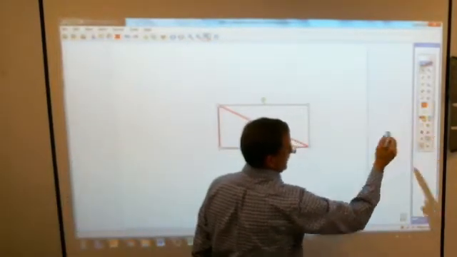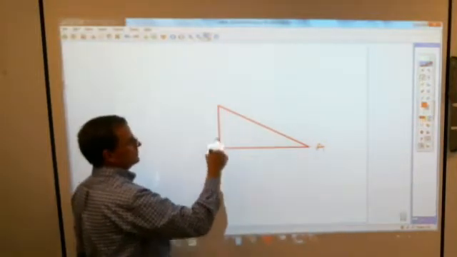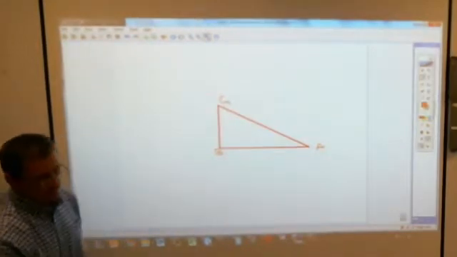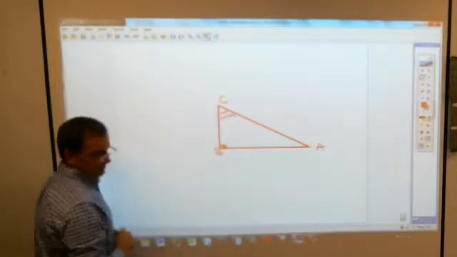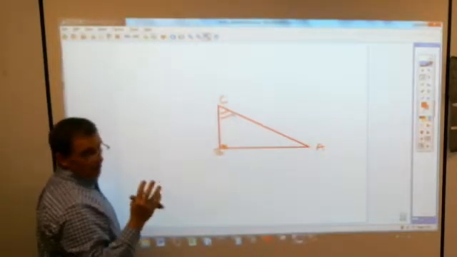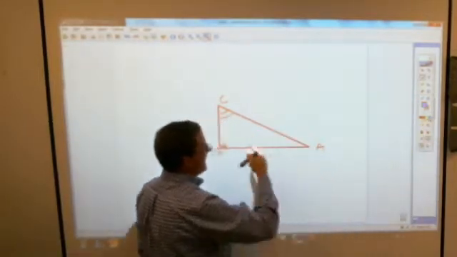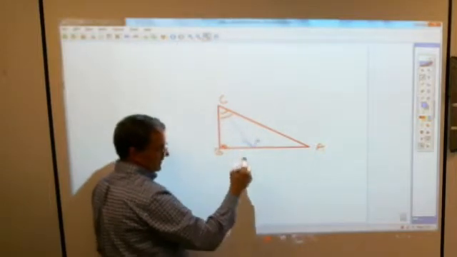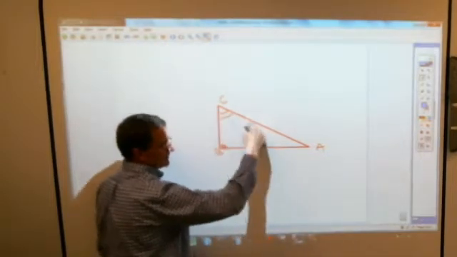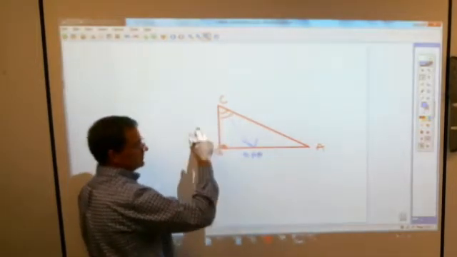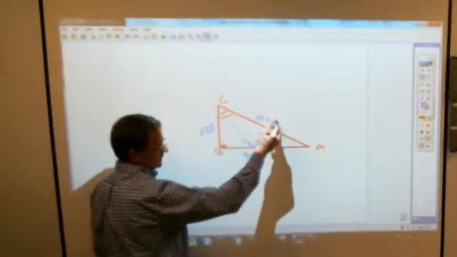I'm going to label it again: A, B, and C. If I am talking about angle C this time, the sides that are opposite and adjacent change, because the side opposite angle C is this side here, and the side adjacent to angle C, the one that's not the hypotenuse that makes up that angle, is this one. This is still the hypotenuse, it does not change.